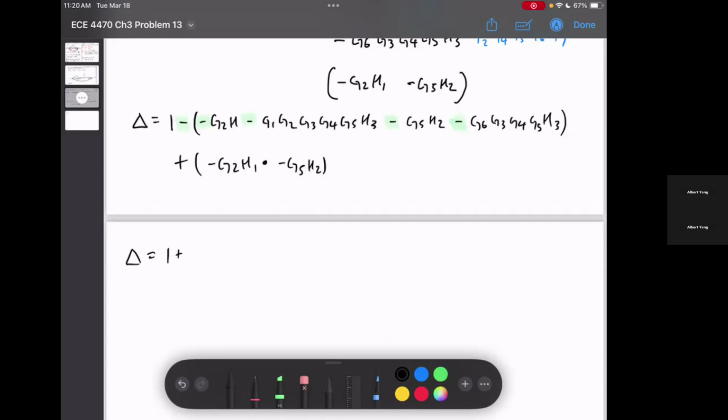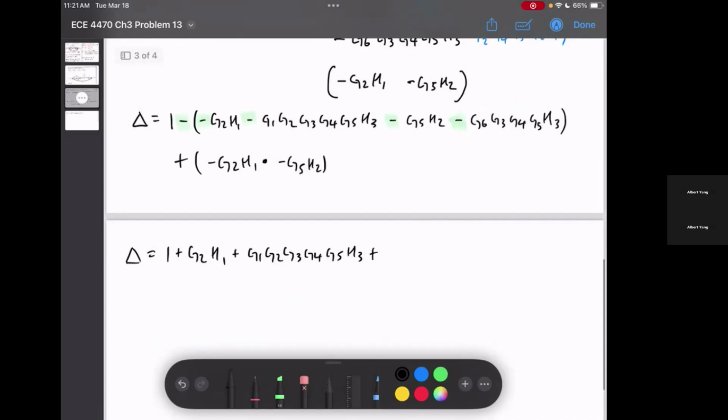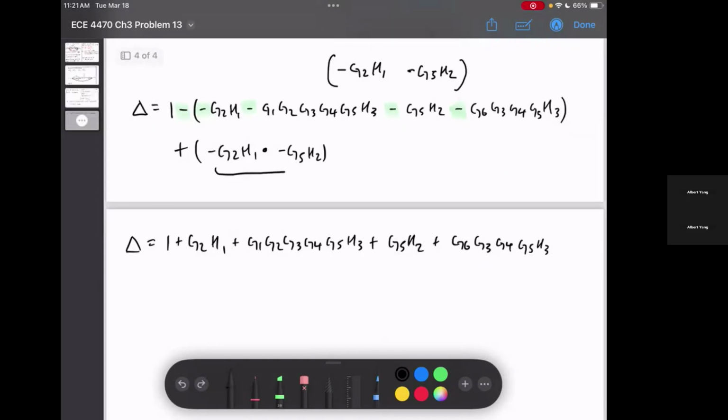So when we do a negative, like minus all of these, it's just plus. So 1 plus G2 H1 plus G1 G2 G3 G4 G5 H3 plus G5 H2 plus G6 G3 G4 G5 H3. And since these two are both negative, when they're multiplied together, the negatives cancel.